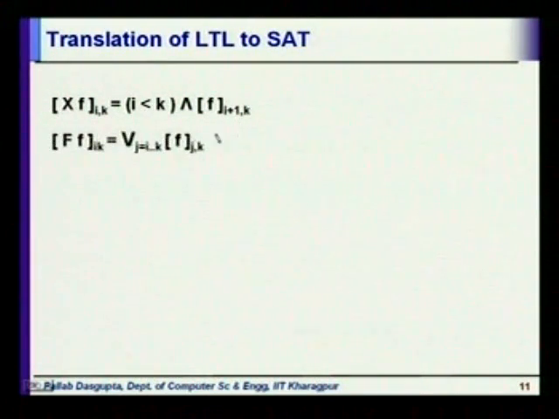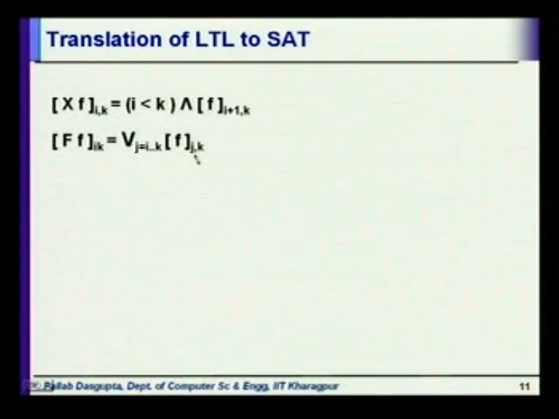Okay. For this it is simple, F of F_ik is true at the ith time frame provided that in the time frames from i through k somewhere F_jk should hold, F should hold somewhere in that time frame.